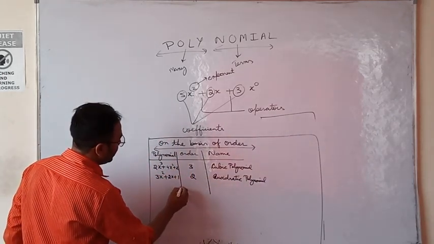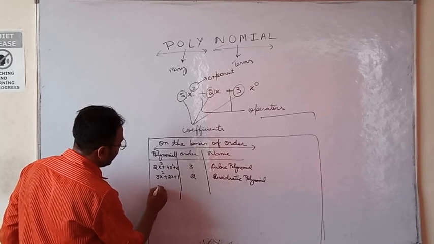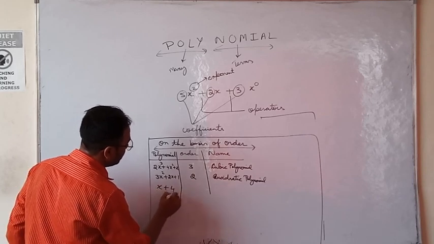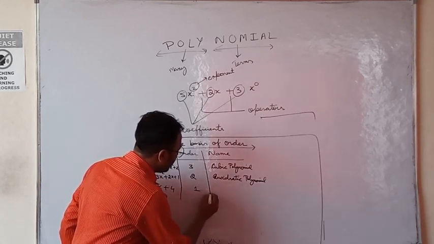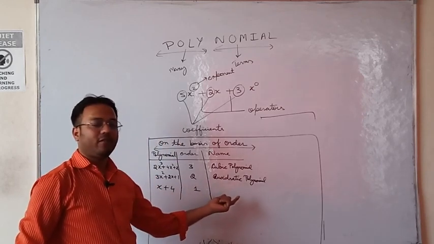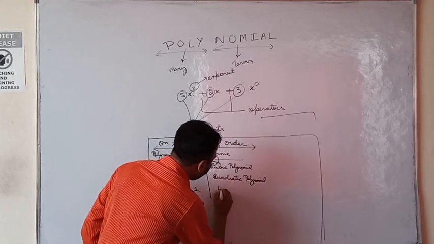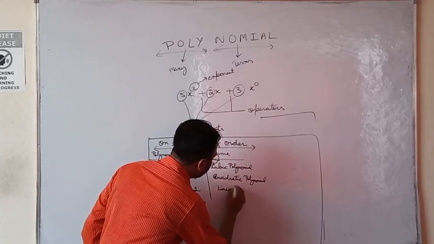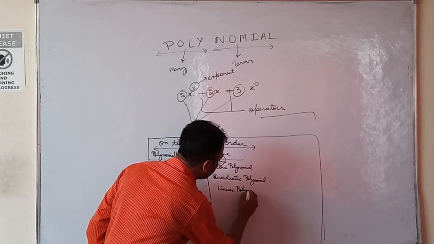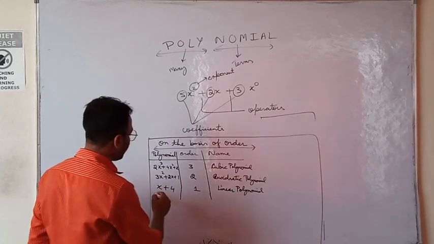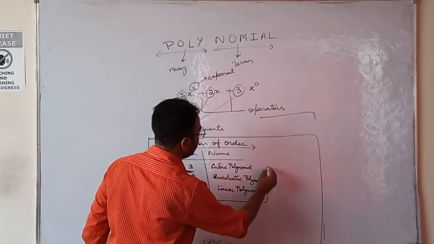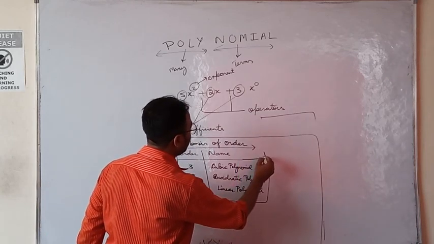Let's say another example like x plus 4. The maximum power of the variable is 1. So the order is 1, and the name of the polynomial is linear polynomial. Okay, so this is the naming on the basis of the order.